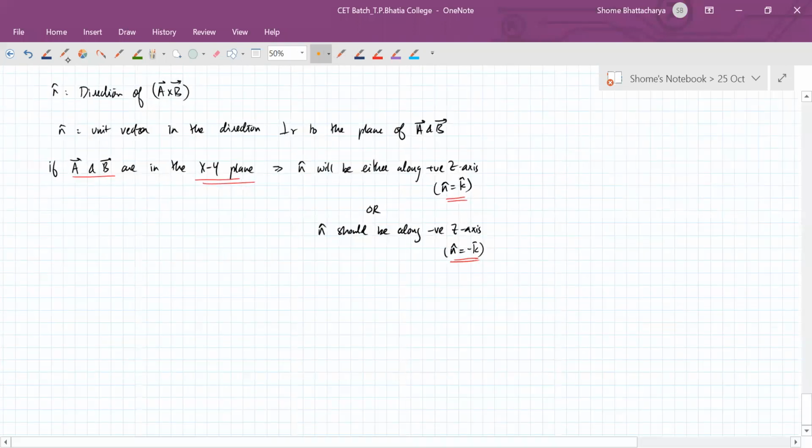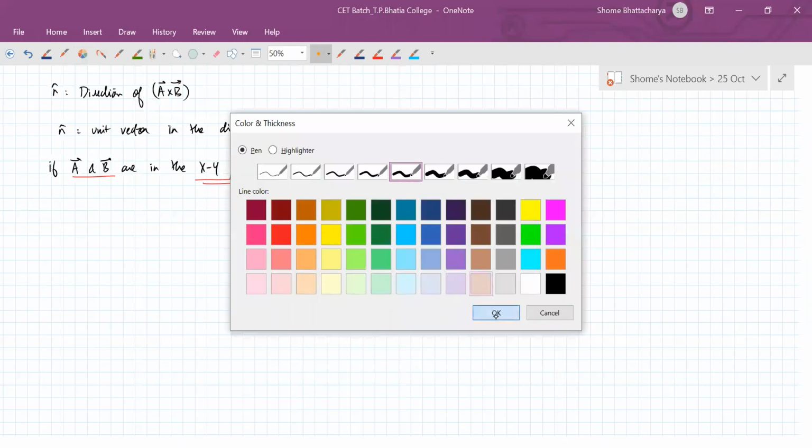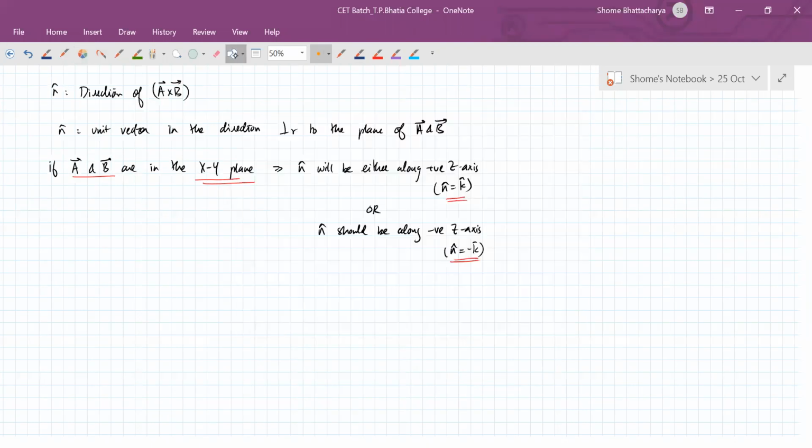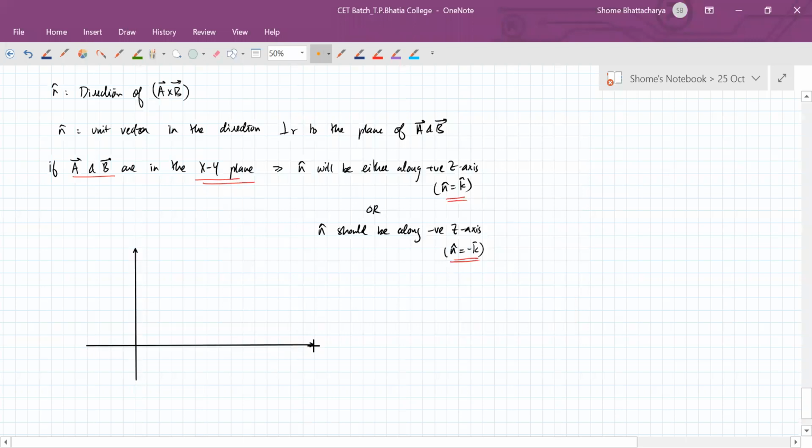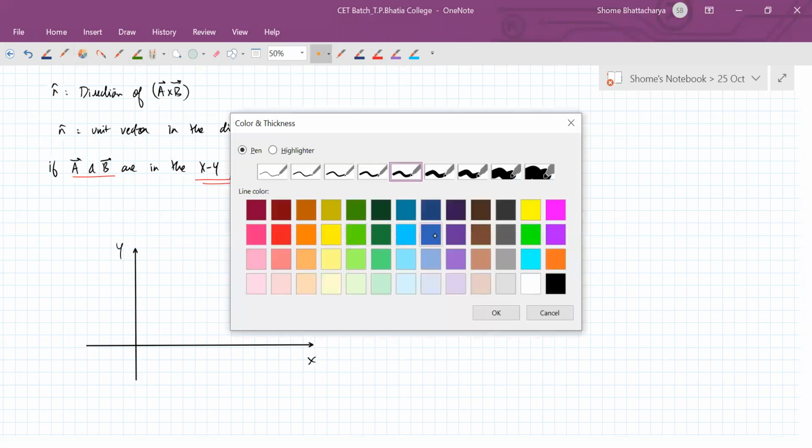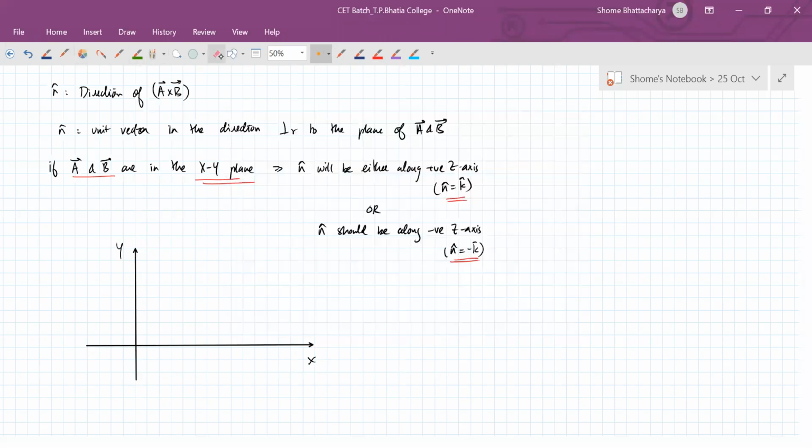So there are two ways we can draw this geometrically. One is that we can draw the xy plane as a two-dimensional plane like this. Okay, so in this, if vectors a and b are lying in this plane, wherever they lie, it doesn't matter. One vector could be like this, one vector could be like this, whatever.